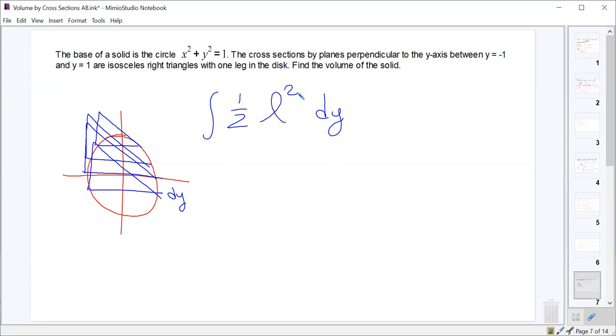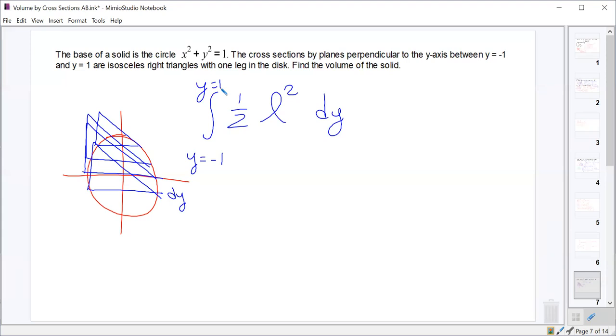And where are we going to integrate from? Yeah. And we want to make an important note, and you don't have to write the y equals, but I'm going to just for the instruction's sake here, that we are integrating in terms of y. We are going from the bottom, y equals -1, to the top, y equals +1. Not from x equals -1 to x equals positive 1.